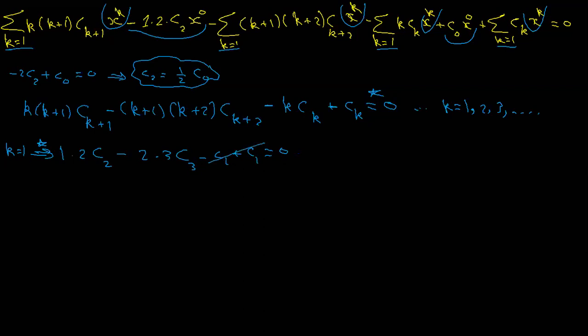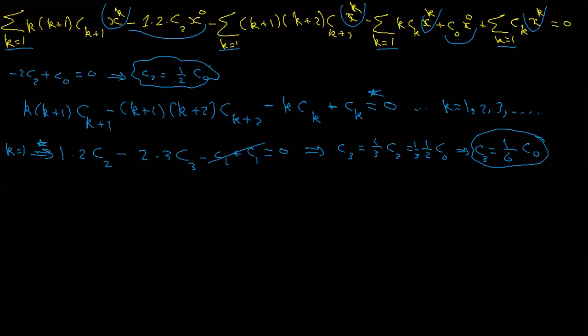Cancel out those. So you can say that C3 is 1 over 3 C2. And your C2 is half C0, so it is 1 over 3 times half C0. So C3 is 1 over 6 C0.